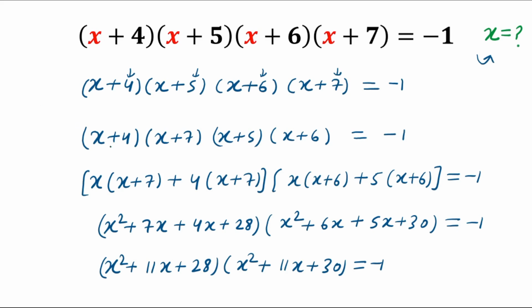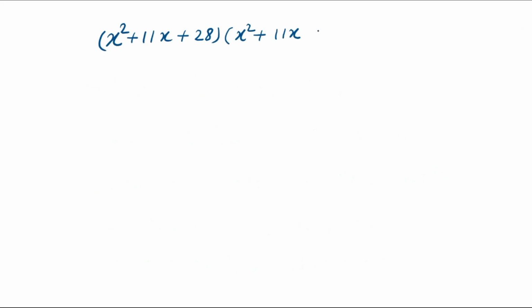In the left hand side, (x square plus 11x plus 28) is multiplied by (x square plus 11x, and here this 30 we can write as 28 plus 2), and this is equal to -1. Here we will apply substitution.